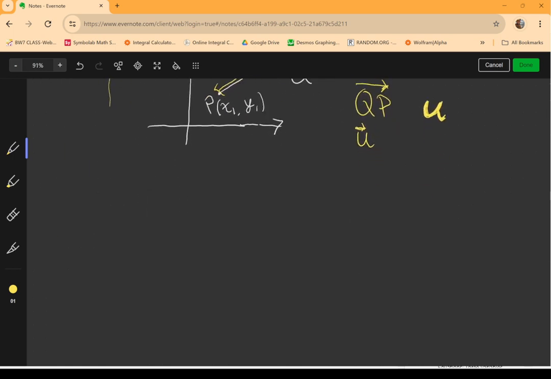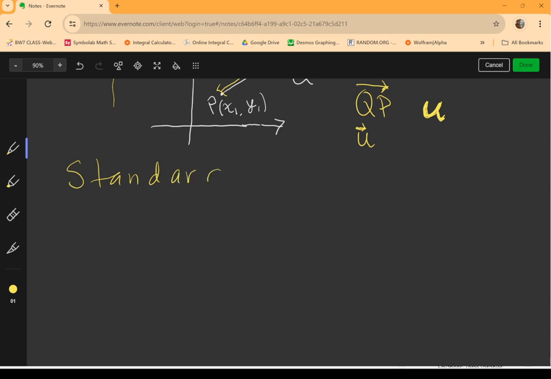Now, we are going to define something that is called standard position. Okay, so let's put some numbers here for these 2 points.